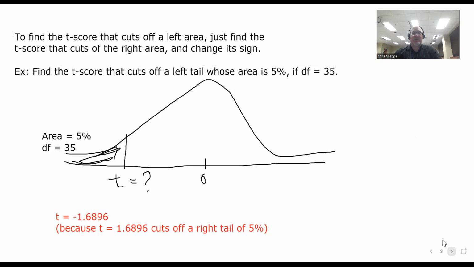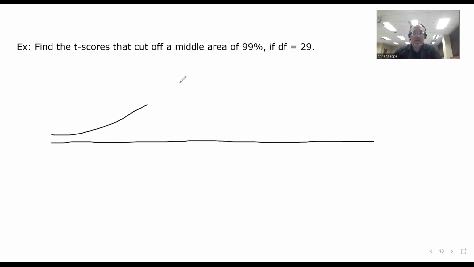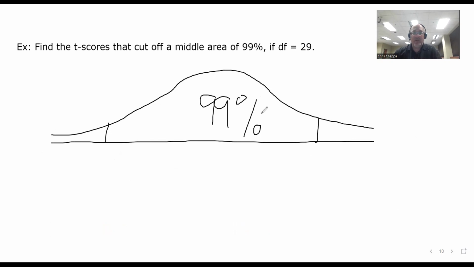All right, last thing about the t-chart. Well, actually, let's do a middle area problem. And yes, we will be doing middle area problems quite a bit. We got 99% in the middle, which means the two tails are 1%, so one tail is half of that, 0.5%, which as a decimal is 0.005, and somehow my font got red.